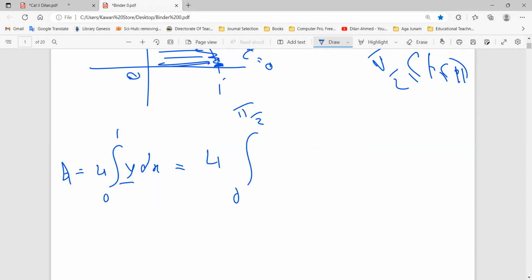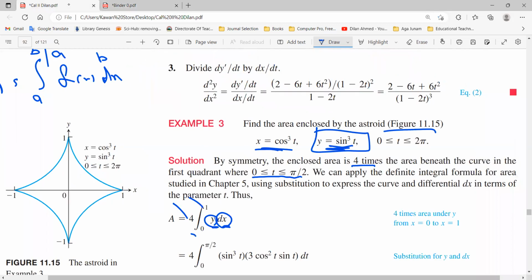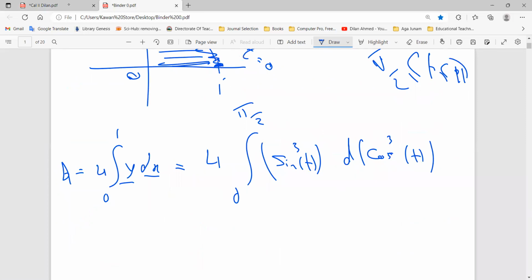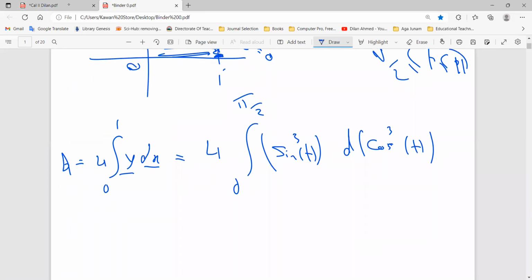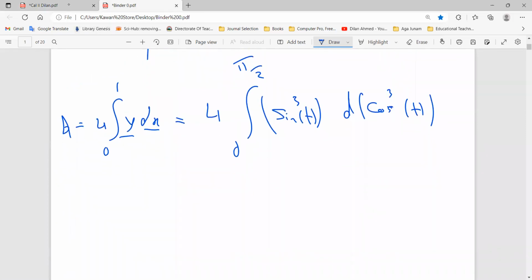And I know y is equal to sine cube of t, okay? And dx is the derivative of x, which was cosine cube of t. Am I right? The derivative of cosine to power 3 is equal to what?